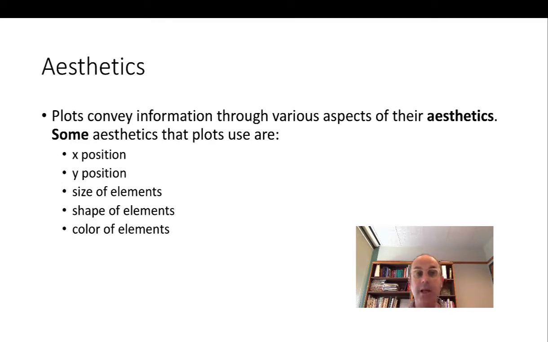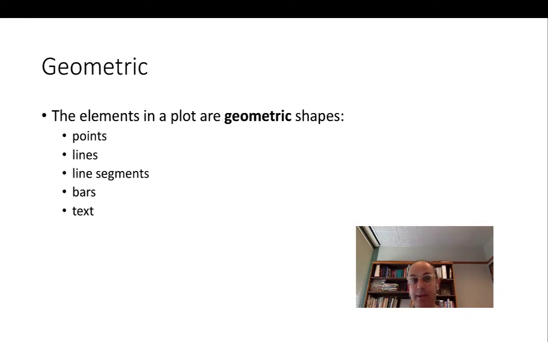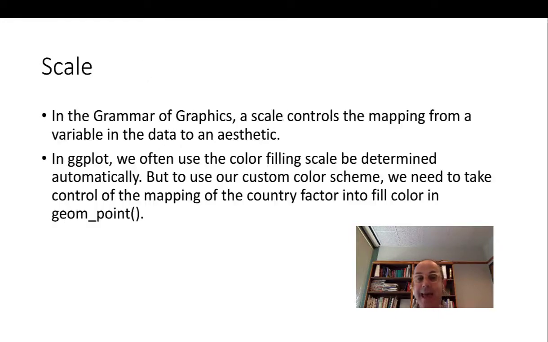So the aesthetics. The plots convey information through various aspects of aesthetics. Some aesthetics of the plot are the X position, the Y position, the size of the element, the shape of the element, and the color of the element. The geometrics are the point, the line segment, the bar, and the text. The scale in grammar of graphics is the control of the mapping from the data aspect to the aesthetic.